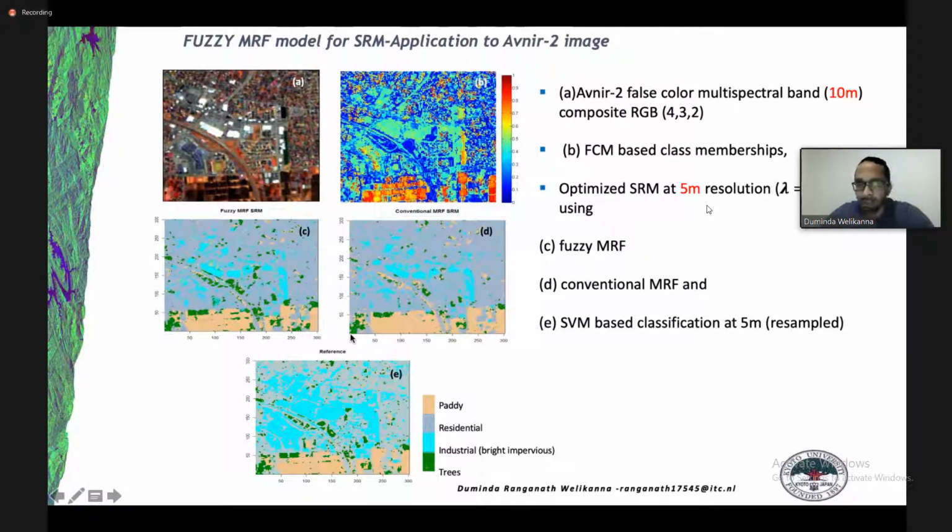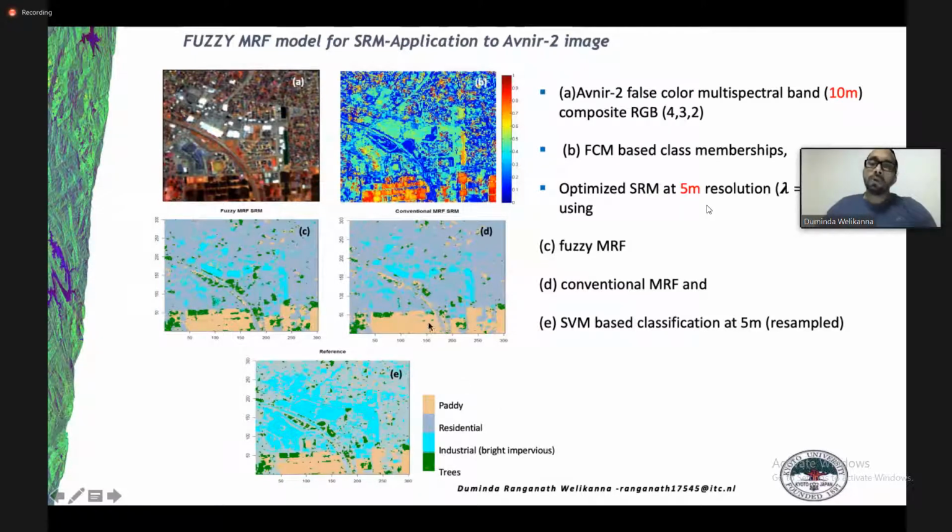Why I'm talking about these advanced methods? I generated new classification methods and I wanted to compare them with standard methods like support vector machines. So you can see what I did is that I used 4 classes: paddy, residential, industrial, and trees. And I tried to classify this area into those classes. And this is what I got. So basically, if the number of classes is more, the amount of information becomes more.